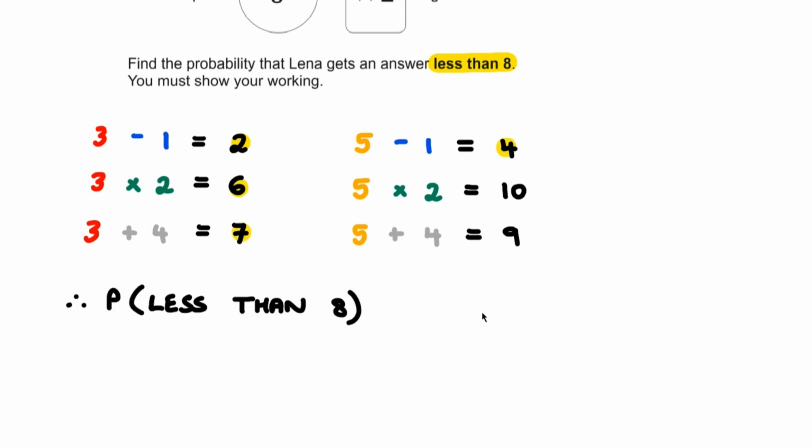So, the probability that we have less than 8 is equal to 4, because we've got 1, 2, 3, 4 numbers which are less than 8, out of a total of 6. So if I work this out, I get 2/3.